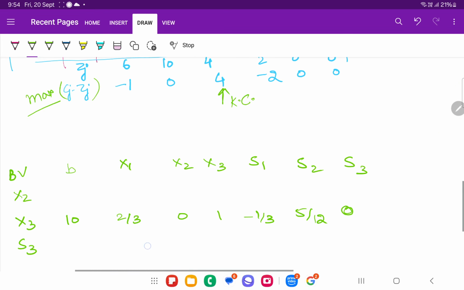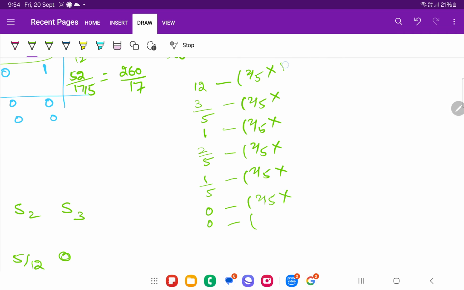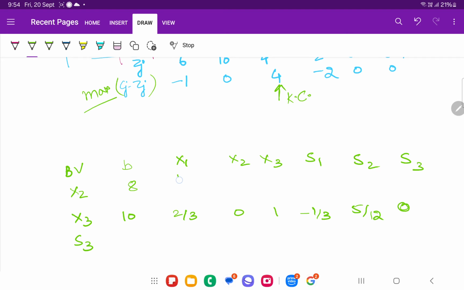What were the new values of the key row? This one: 10, 2 by 3, 0, 1, minus 1 by 3, 5 by 12, and 0. Now when you calculate these values, this will be 8, 1 by 3, 1, 0, 1 by 3, minus 1 by 6, and 0.